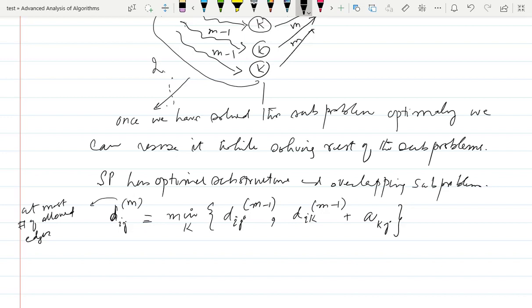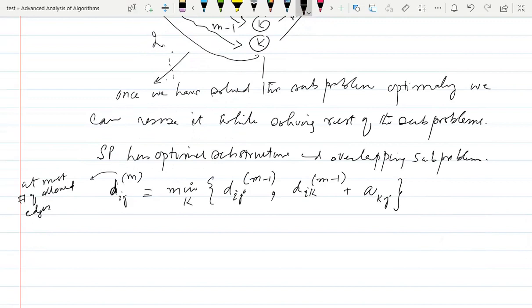So this is what we have discussed in our last lecture, and today we'll see what is the time complexity of this algorithm.